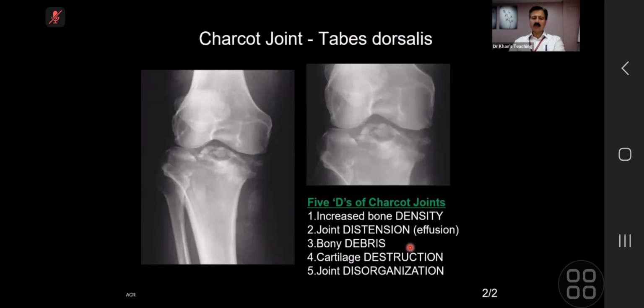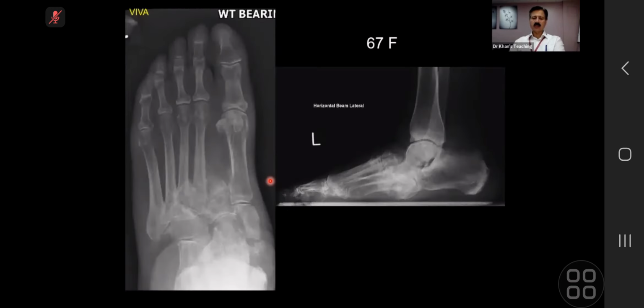These are the 5 Ds. There is nothing else which can explain this finding. Remember the word bizarre. When you see a joint which has a bizarre appearance, think Charcot. It cannot fit into anything. Please remember the bone density will be normal. So this is a case of tertiary syphilis, which has got this.